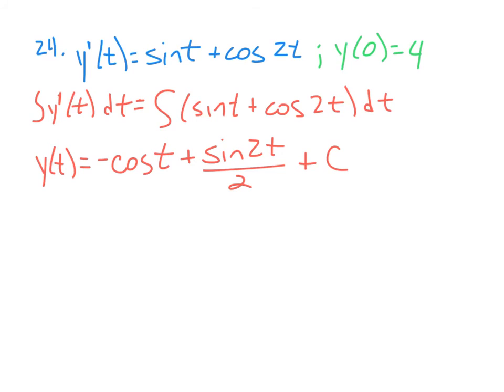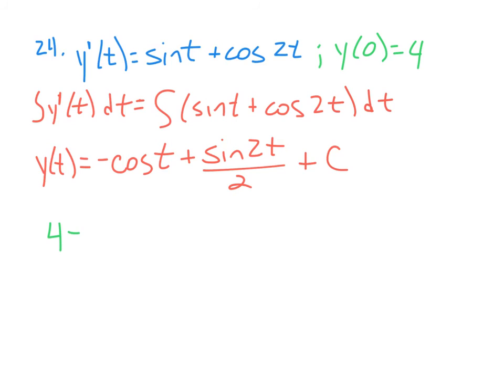If you compare this to our acceleration, velocity, position problems, you basically know what you're doing at this point. We're going to say that our beginning condition here, we're going to use that to find c. So we're plugging in 0 everywhere, setting that equal to 4, and then solving for c.